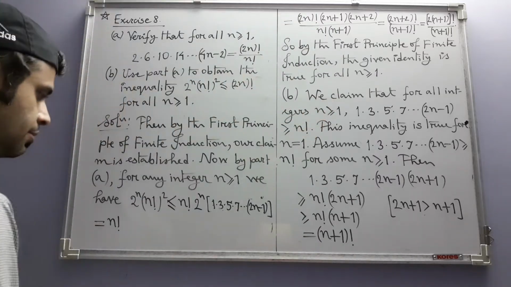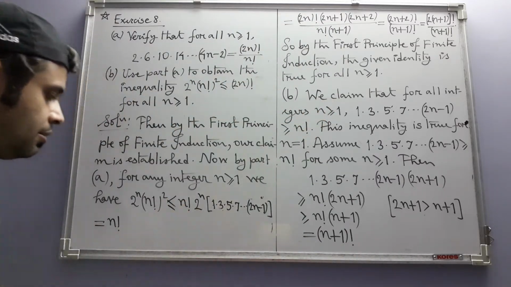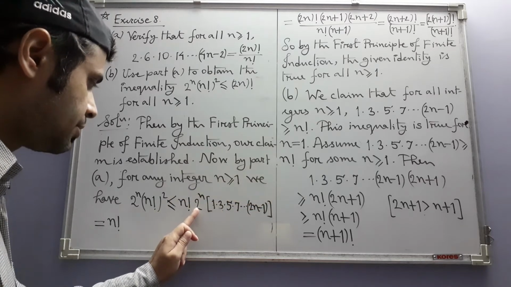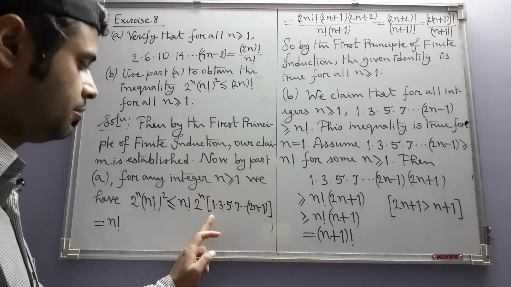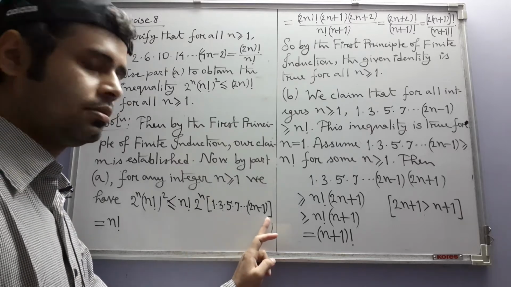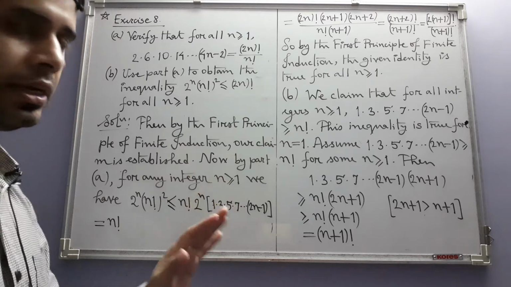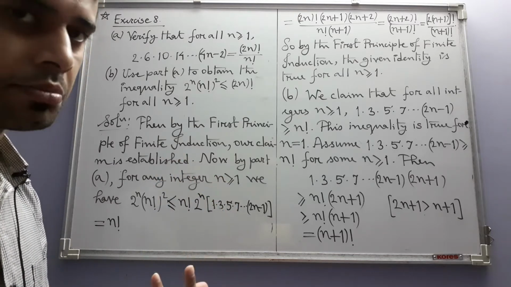Okay, so what we plan to do now is that we want to distribute this 2 to the power n among all the factors. Each one gets a 2, each one is multiplied by a 2.